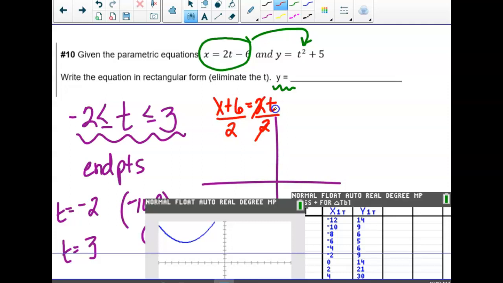So I have x plus 6 over 2, and that's going to go in here. So there's no more t. I would not try to mess around and simplify that because you could make an algebraic mistake and it's not worth it, okay? I don't know that that's that messy on the quiz, but.